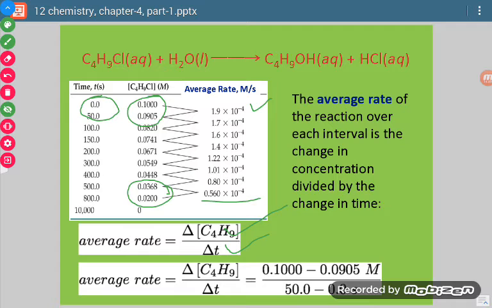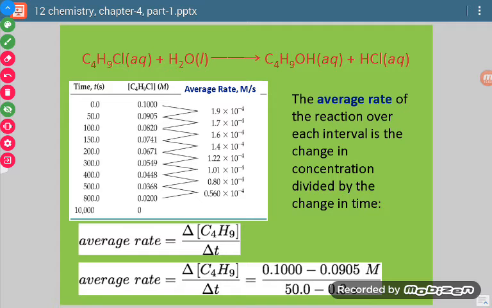In the very first case, we took the change in concentration, this value minus this value, and then the change in time, this value. This way we have calculated, and the answer is 1.9 into 10 raised to the power minus 4. So this way we can calculate.